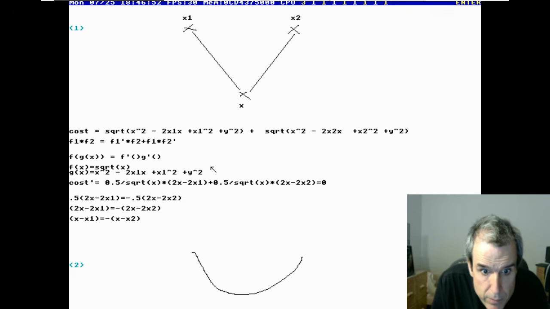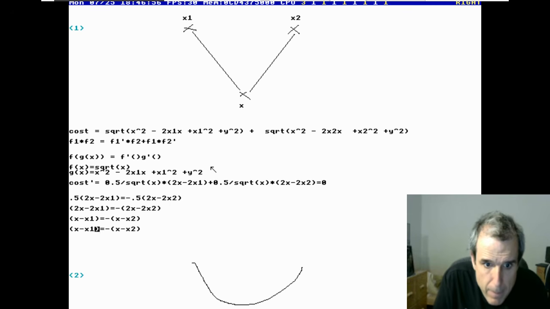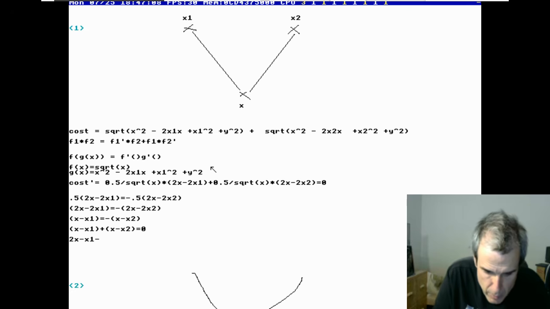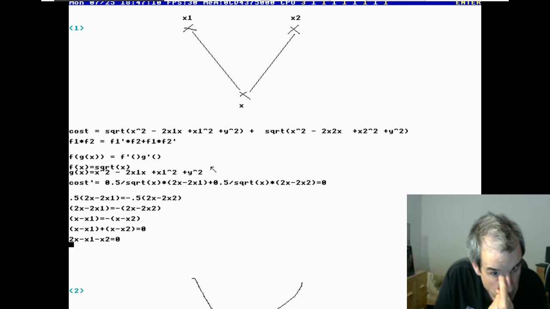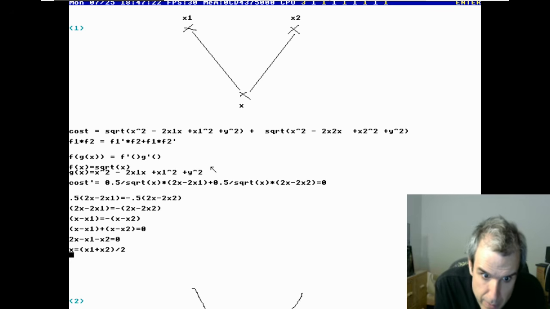Why did you move it over there? Yay, I think we got it. Yay! Yay!